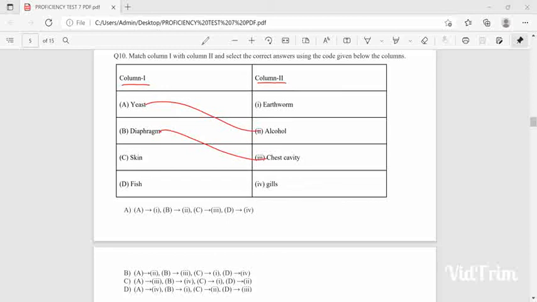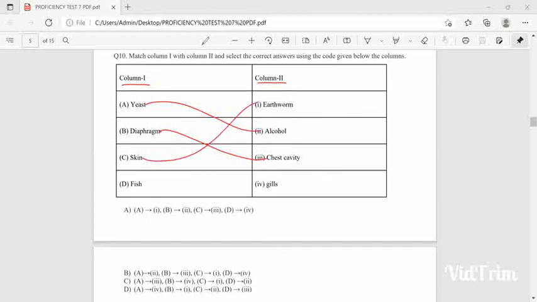So diaphragm B will be matched with the third part in column 2, chest cavity. After that, skin will be matched with earthworm, as an earthworm breathes through its skin, and similarly fish breathes through gills, so fish will be matched with gills.